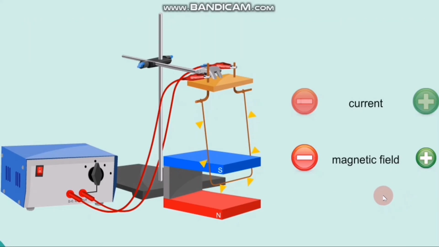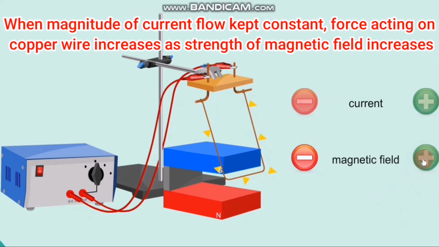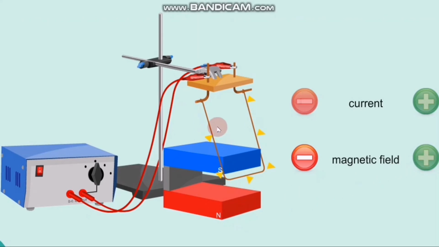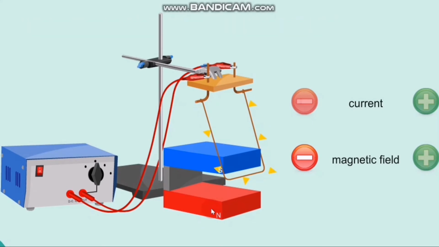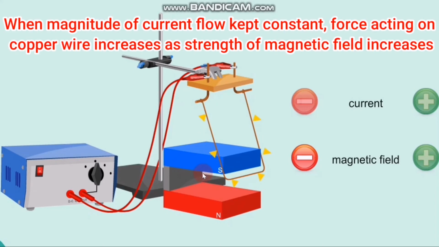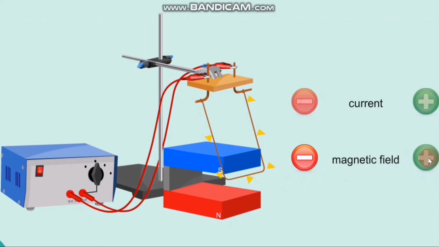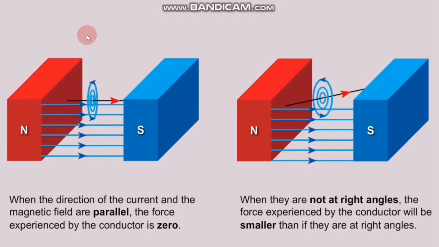And now, when I increase the strength of the magnetic field, for example, by using a bigger or a thicker magnet, you can see that the current carrying conductor swings at a bigger angle, showing that a bigger force is acting on it.